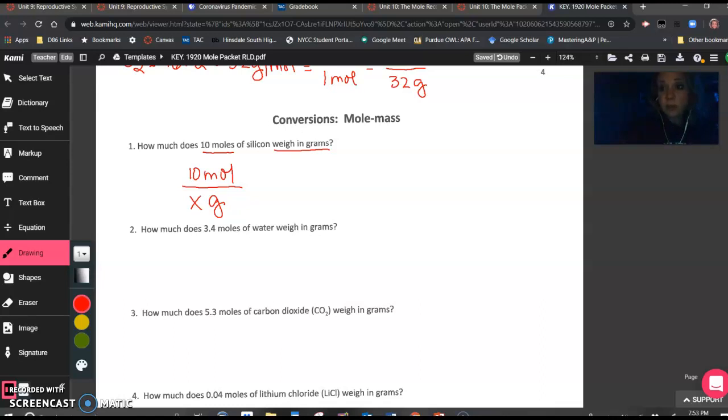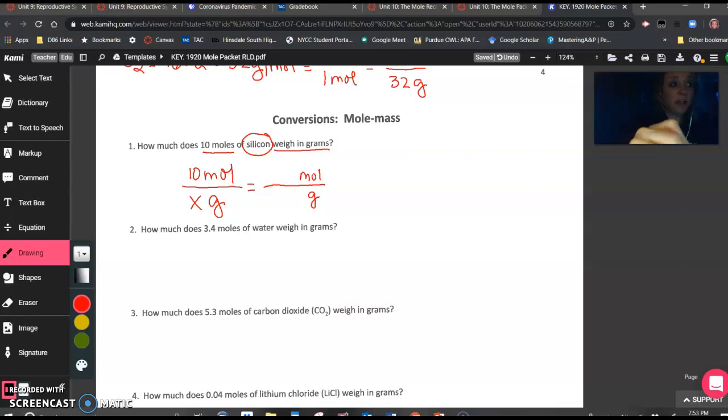So now to finish my proportion, I need to draw an equal sign, and then I'm going to draw my little fraction bar. Now notice that I have moles on top of my fraction bar here on the left, and I have grams on the bottom. Well, I'm going to do the same thing on the right. I'm going to write moles on top, and I'm going to put grams on the bottom. Now, what numbers do I put here? Well, I know that I am looking for some amount of silicon.